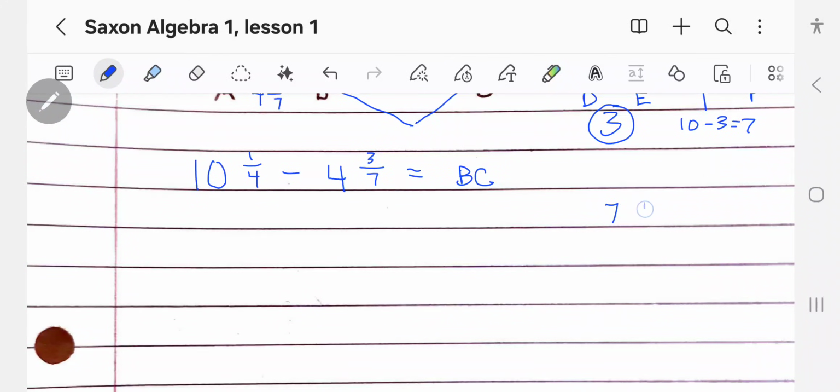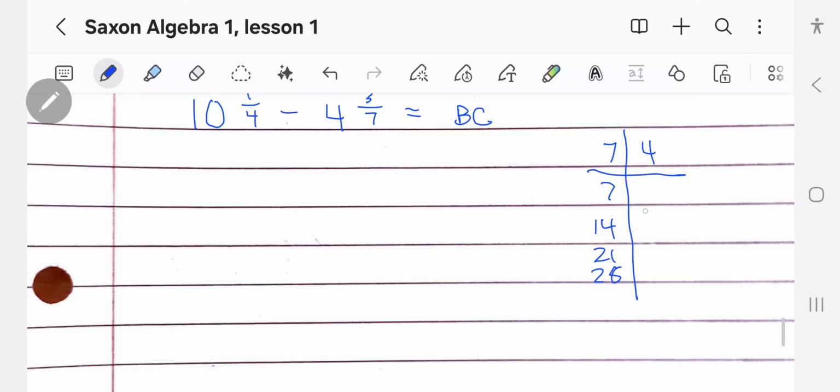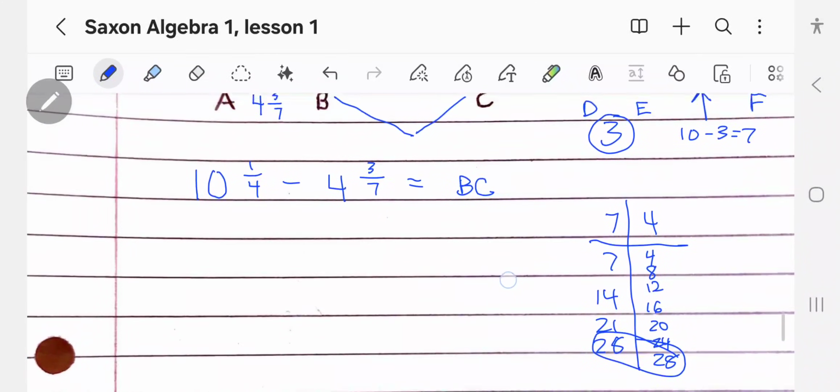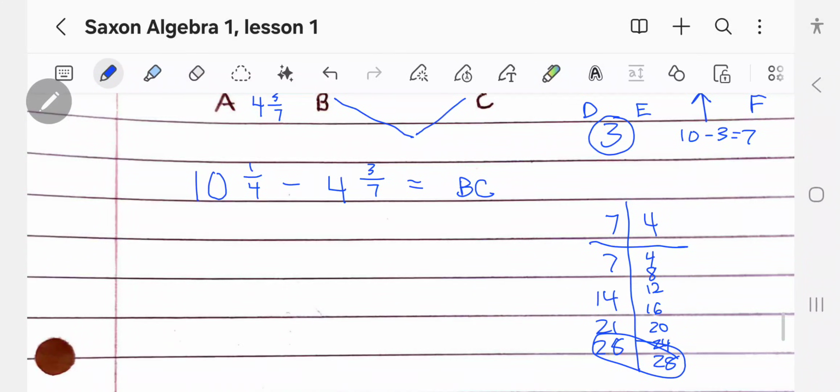I think about 7s and I think about 4s. 7, 14, 21, 28. There we go, 28. 4, 8, 12, 16, 20, 24, 28. They have a 28 in common. It's not always going to be the two numbers multiplied by each other. That won't always give you the lowest common denominator, but it will always give you a common denominator.